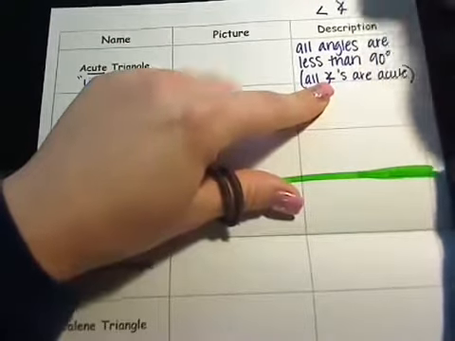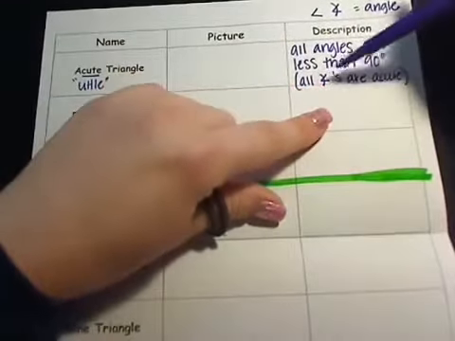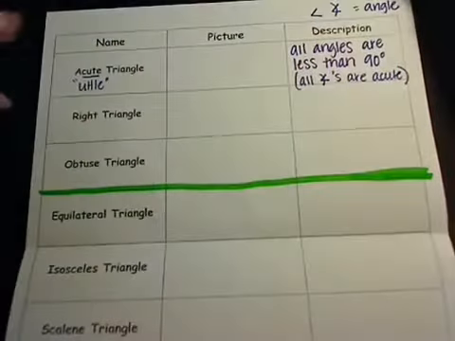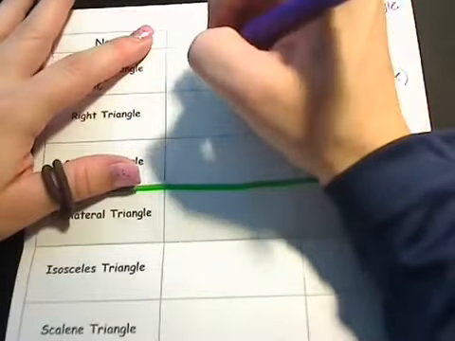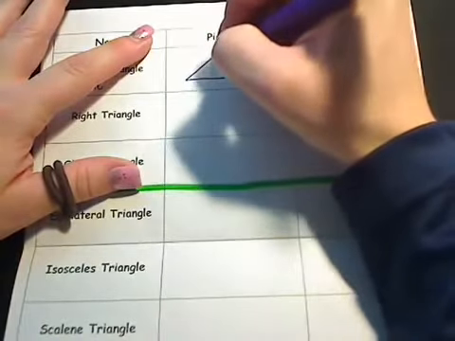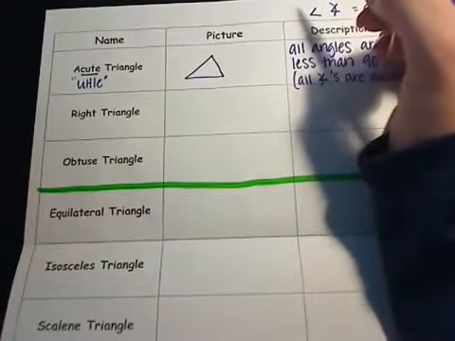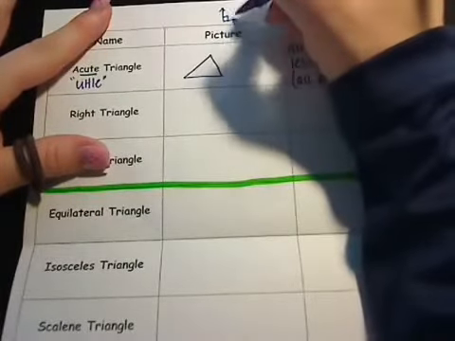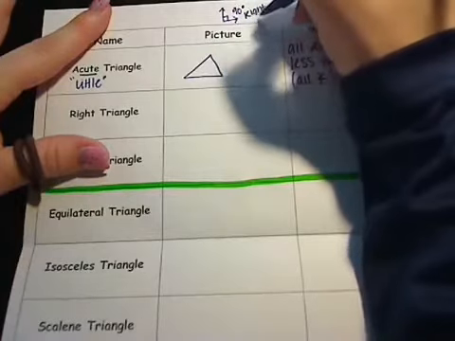Those both mean angle. So all angles are acute, or they're less than 90 degrees. They're cute little angles. If I were going to draw a picture of an acute triangle, it may look something like this. All those angles are less than 90 degrees. Remember, 90 degrees is a right angle.